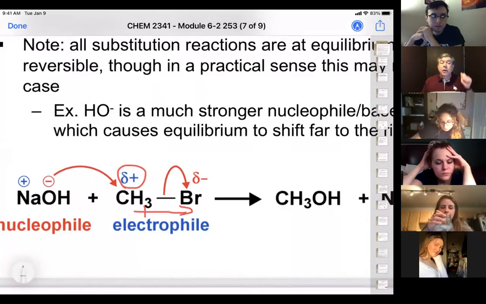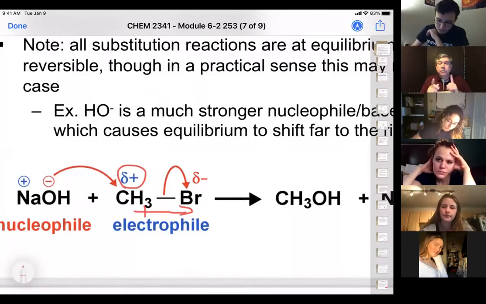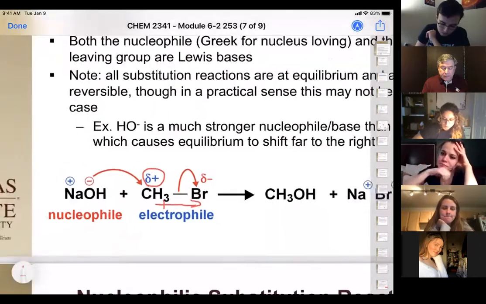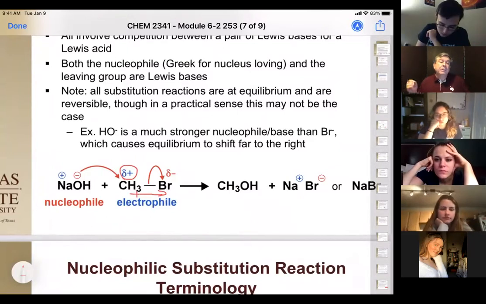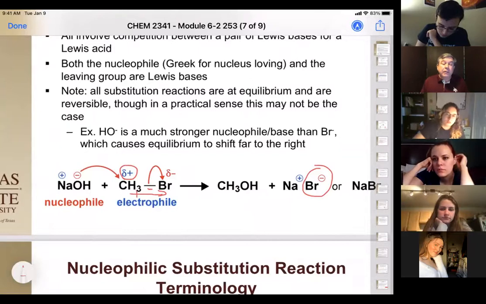So nucleophile is a Lewis base, electrophile is a Lewis acid. You can use those interchangeably. Now, what happens when you break that carbon-bromine bond? That bromine becomes our leaving group, and because it's leaving with its electrons, we end up with a negative charge. So this is what we call a nucleophilic substitution reaction.